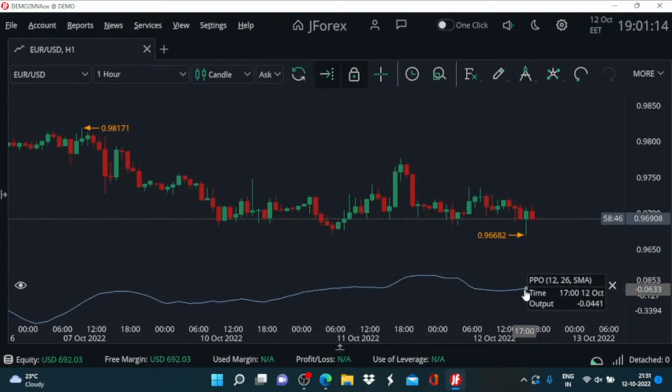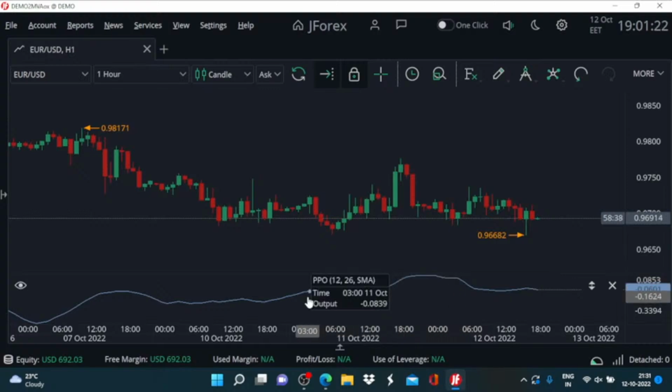Now, the use of the PPO is simple. We can utilize this indicator for determining the trend, whether it is bullish or bearish, by simply looking at the value and the direction of the output. If we see the output rising from below zero to above zero, that is indicative of the trend turning bullish from bearish.